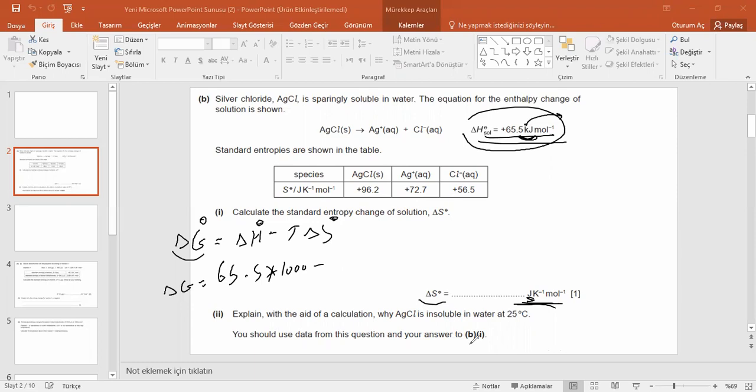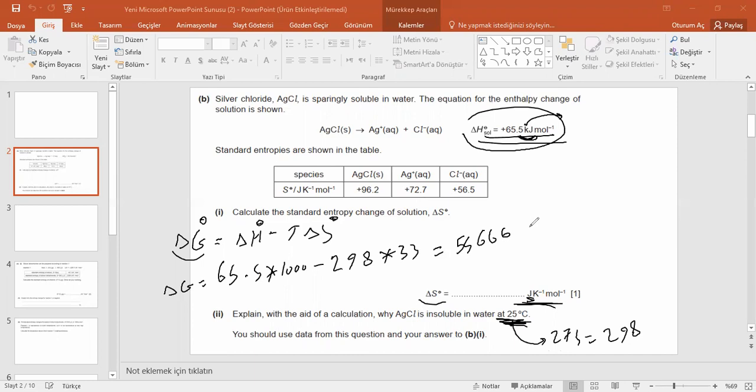T, guys, is given for us as 25 Celsius. So we convert it from Celsius to Kelvin by adding 273, which gives us 298. So minus 298 times 33, the entropy change. Now, guys, we end up with 55,666.